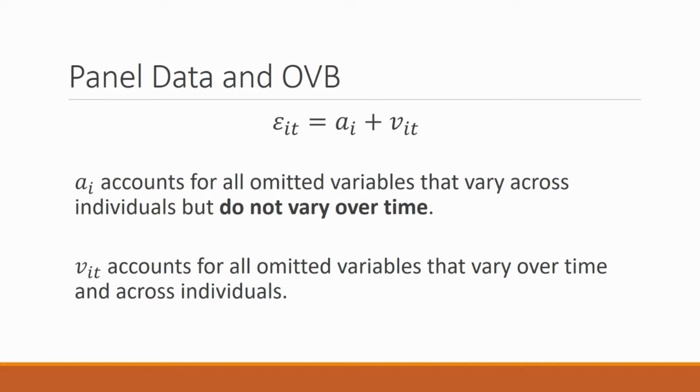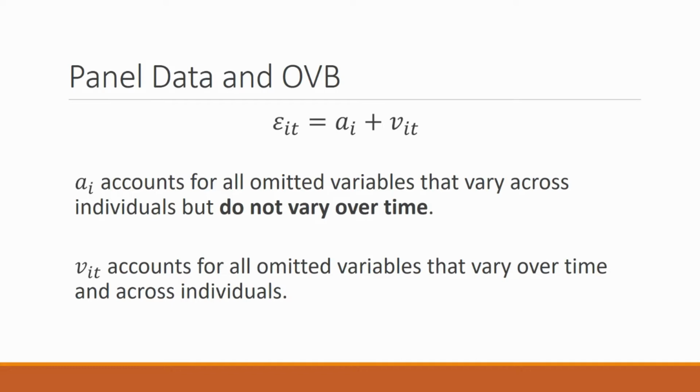So one example of this, let's say that we did not observe the sex of an individual. So they could be male or female. Now, that variable varies between individuals. Some people are men and some people are women, but it does not vary over time.